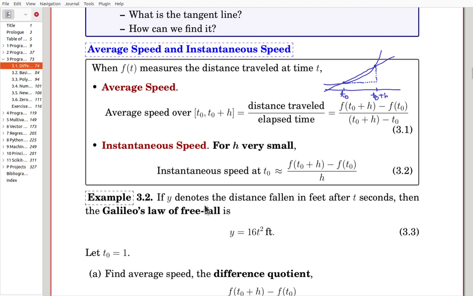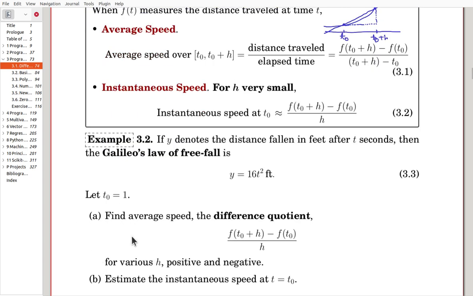Let y denote the distance fallen in feet after t seconds. Galileo's law of free fall is written in this way: y equals 16t squared feet, and t0 is 1, and we have to find the average speed, the difference quotient. Let's try to find it.